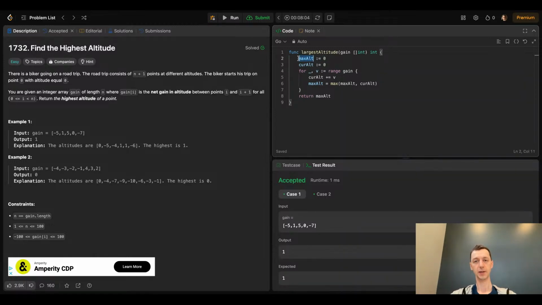And since the initial altitude is 0, we can set it as 0. Then we will be tracking current altitude. It will be adjusted at every gain value. So to do that, we'll just loop over the gain array, but it's a slice in Golang. And that's pretty much it, I think.